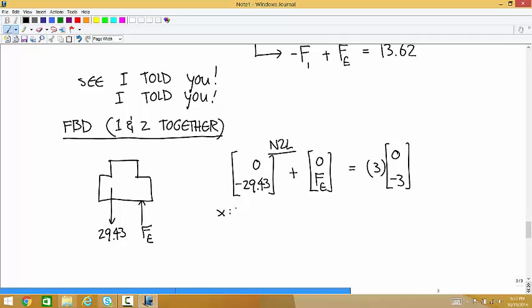And so we have an x equation that says 0 plus 0 equals 0. Doesn't do any good. But the second equation says negative 29.43 plus Fe is equal to negative 9. And so Fe is equal to positive 20.43.